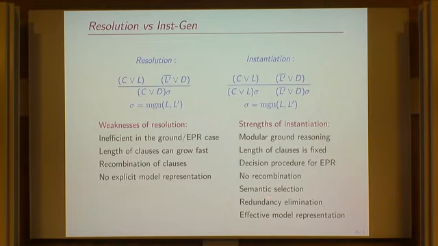In resolution, selection is based on orderings, and these orderings are usually fixed from the start of the procedure, whereas here the selection is dynamically changed by the SAT solver. We showed that there is a lot of powerful redundancy elimination which is relevant to this instantiation procedure. And we also have an effective model representation. So after this procedure terminates, we can extract the model.